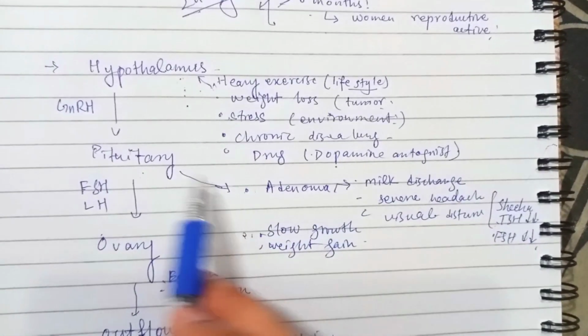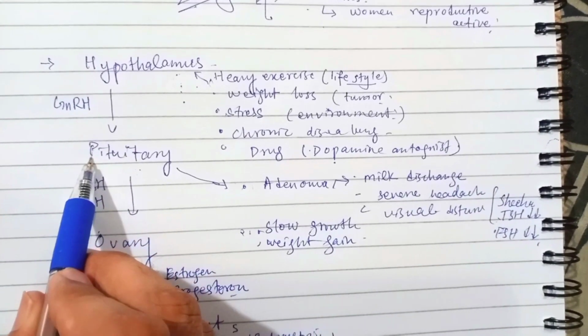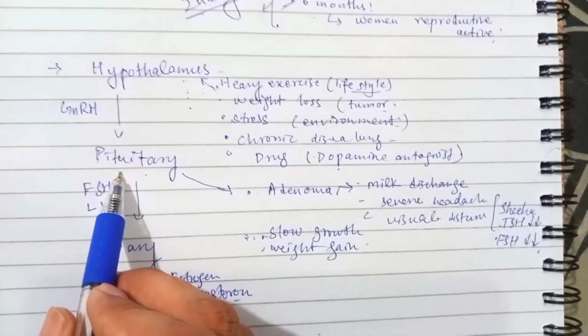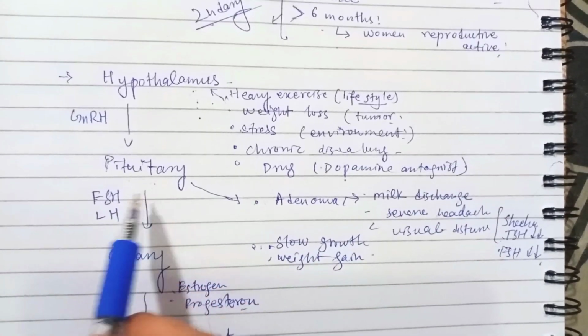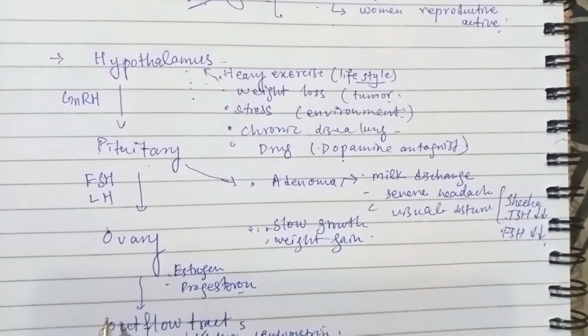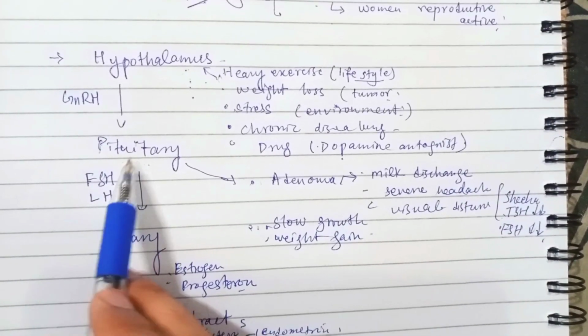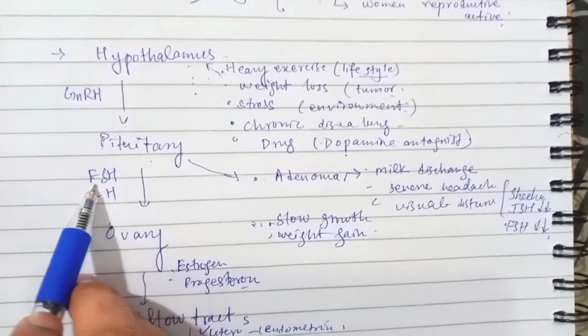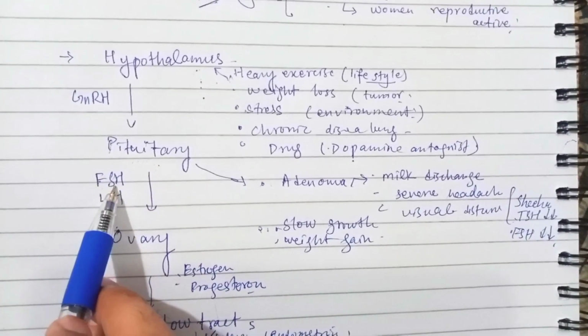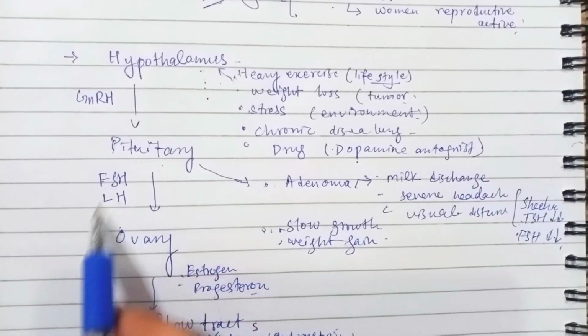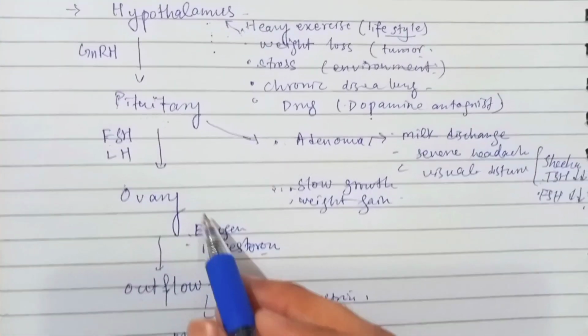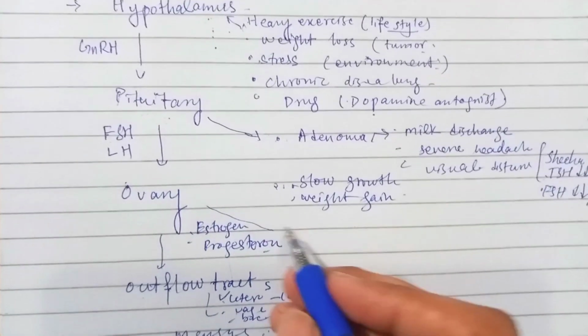These also contribute to the pituitary abnormality that leads to the absence of menstruation. So if there is pituitary abnormality, there is an effect on the follicle stimulating hormone and luteinizing hormone that affect the ovary. Now moving toward the next, the ovary.